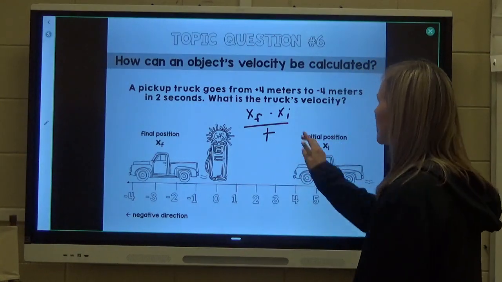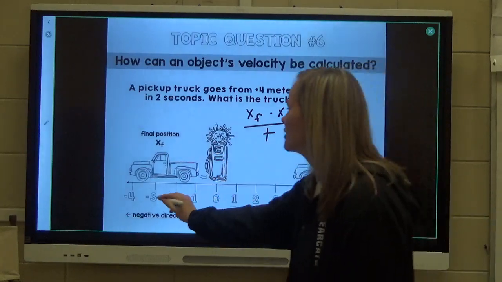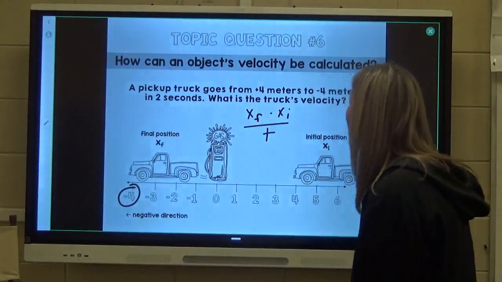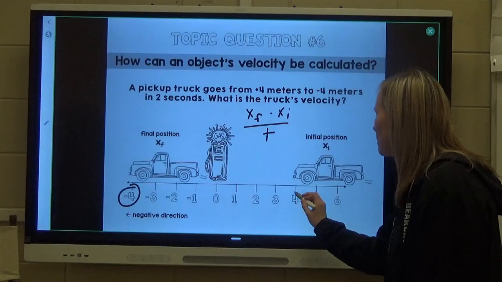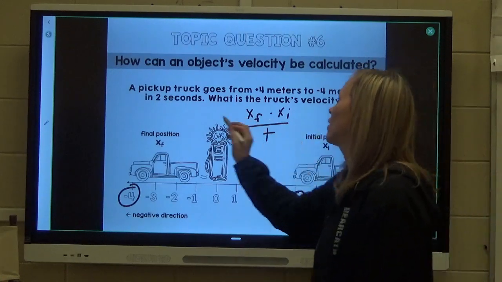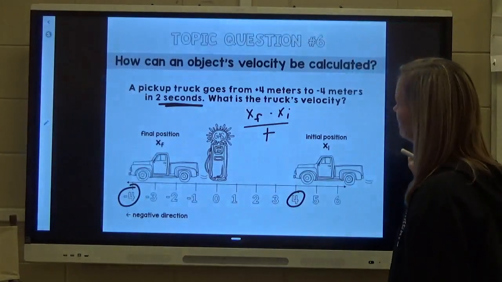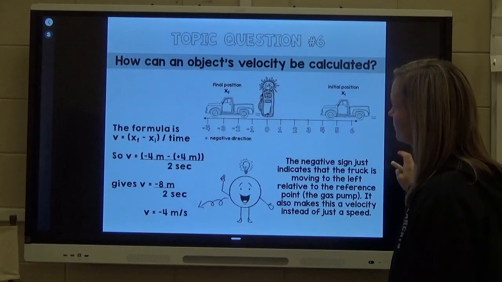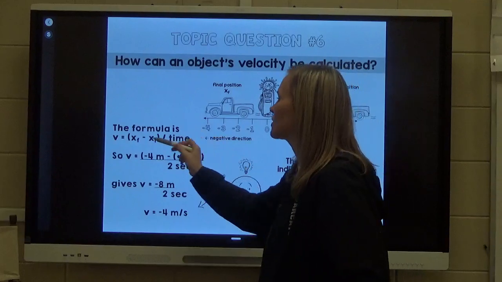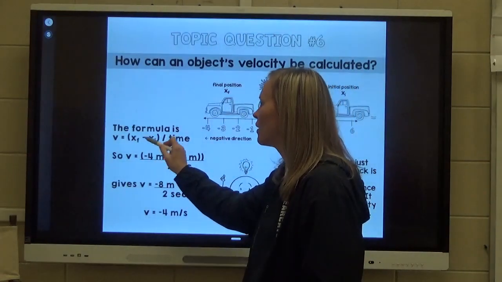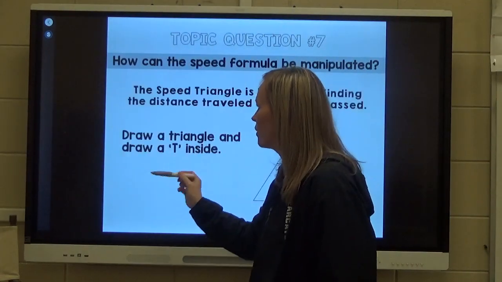So we're going to look at what we have. Our final position, which they told us, is -4. Our initial position is +4, and divided by our time, which is 2 seconds. So the formula, again: velocity equals x final minus x initial divided by time.